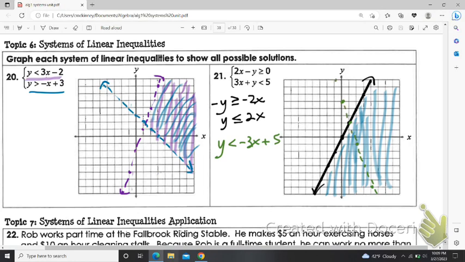Could also go up and left. And shading is less, so it is below that line. So that's everything below. It would also include all of this for the green, but the solution to the system is the part that is green and blue.